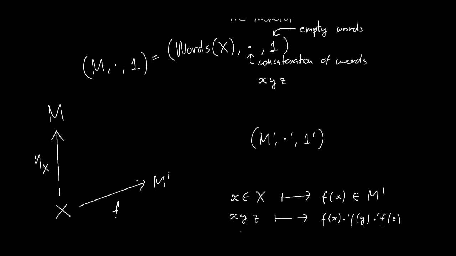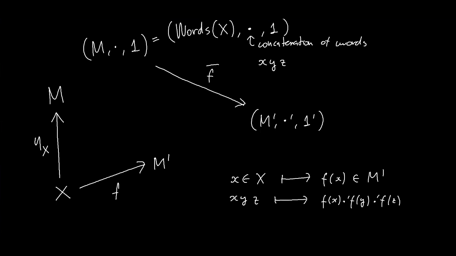But with this, we're of course saying that there will actually be a map from M to M prime. And this map from M to M prime, in fact, comes out as a monoid homomorphism called f bar, from the monoid of words to this M prime monoid. It's not difficult to see that it will be a homomorphism, because the operation in the monoid of words is just putting words together.